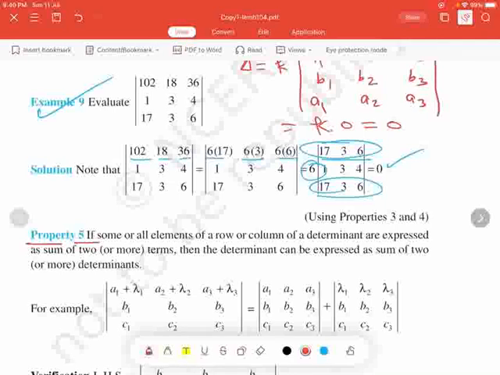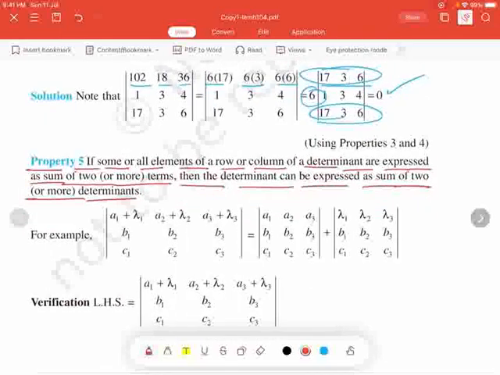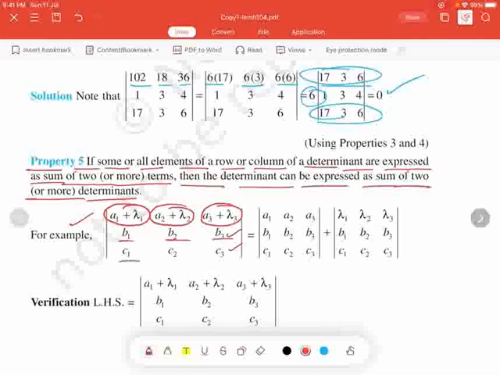Property number 5: if some or all elements of a row or column of a determinant are expressed as the sum of two or more terms, then the determinant can be expressed as the sum of two or more determinants. Here in this determinant, row 1 is written as a1 plus delta 1, a2 plus delta 2 and a3 plus delta 3, and row 2 and row 3 are the same, b1 b2 b3 and c1 c2 c3.